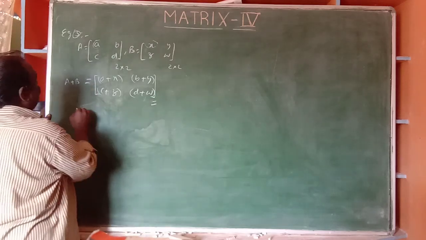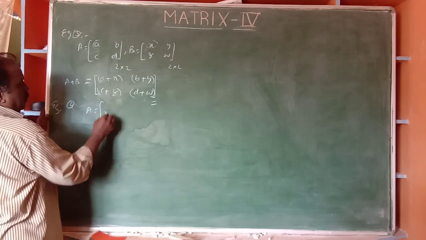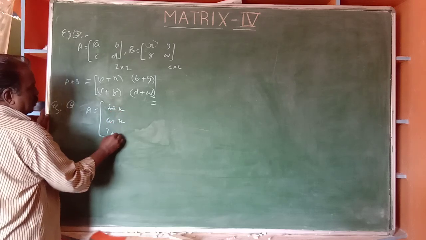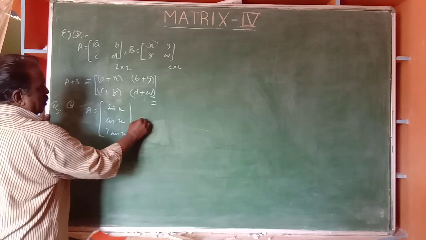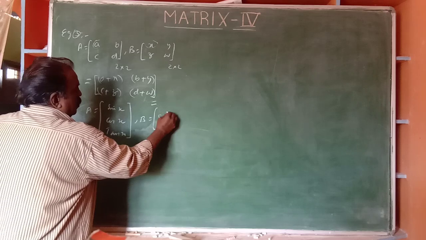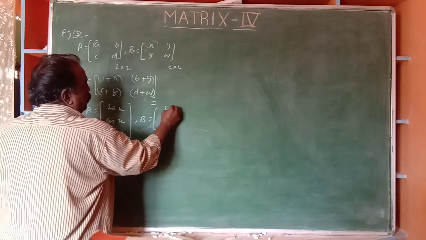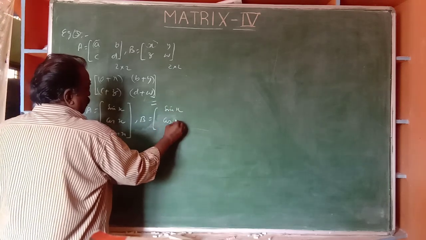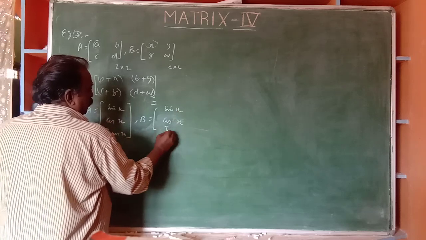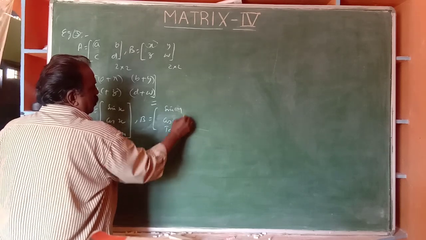Suppose one more example. Capital A is equal to sin x, cos x, tan x. Capital B is equal to sin y, cos y, tan y.